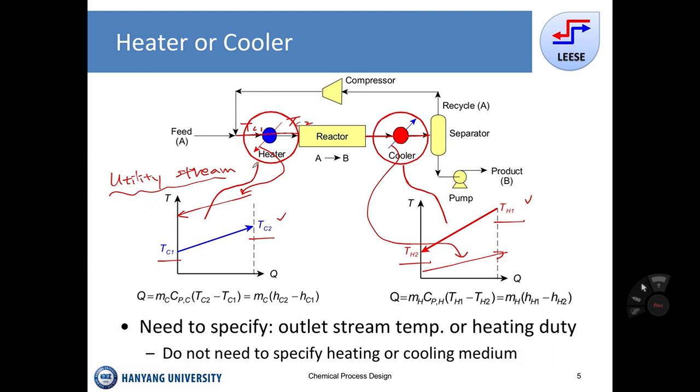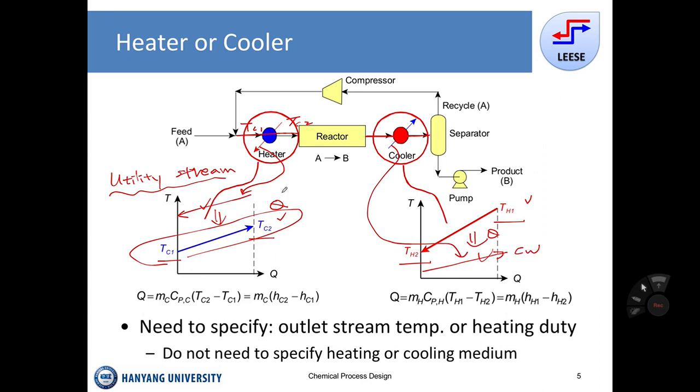So the utility stream has not been expressed in this diagram on the T and the Q. But what happens actually in the heater and the cooler is that another utility stream is used to remove heat or provide heat. In terms of the simulation, we just concern ourselves with the amount of Q required from the utility stream, and here the amount of Q to be removed by cooling water.